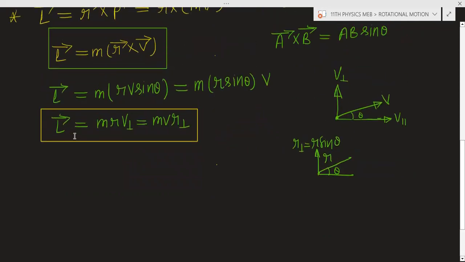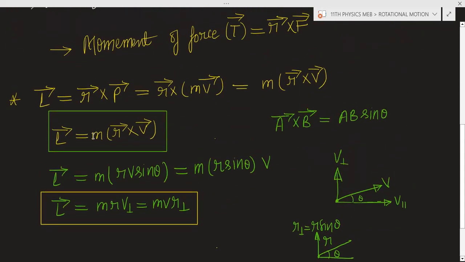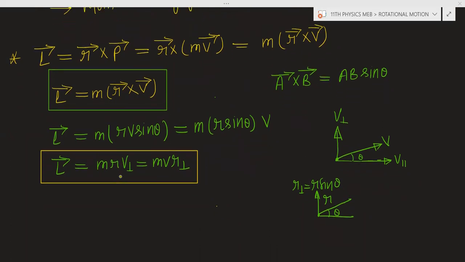And what will be the unit of angular momentum? The unit of angular momentum can be calculated with this formula. In the expression of angular momentum, there is mass, there is radius, there is velocity, and sine theta has no unit, it is unitless. The unit of mass is kg, unit of radius is meter, and unit of velocity or speed is meter per second.